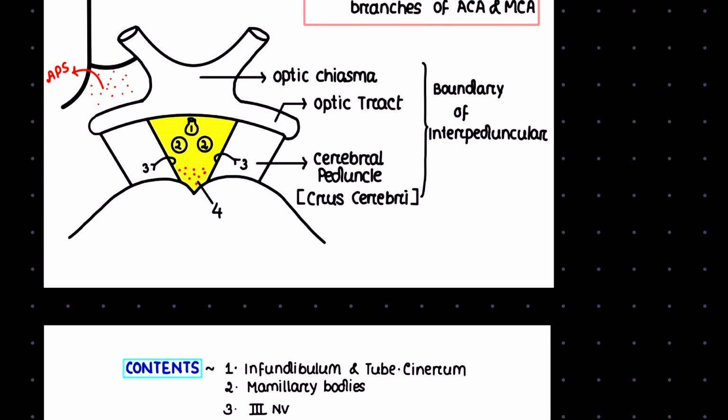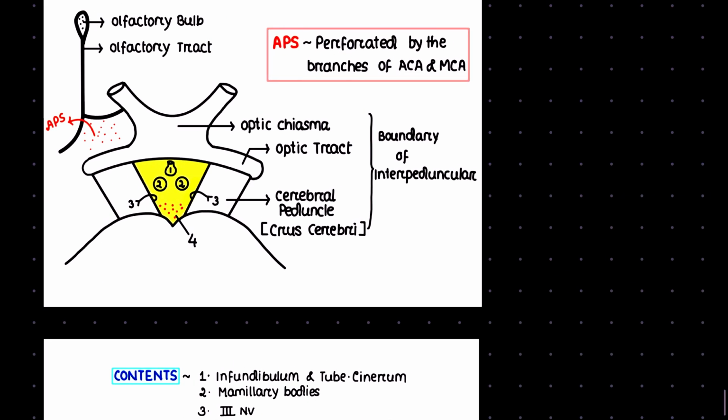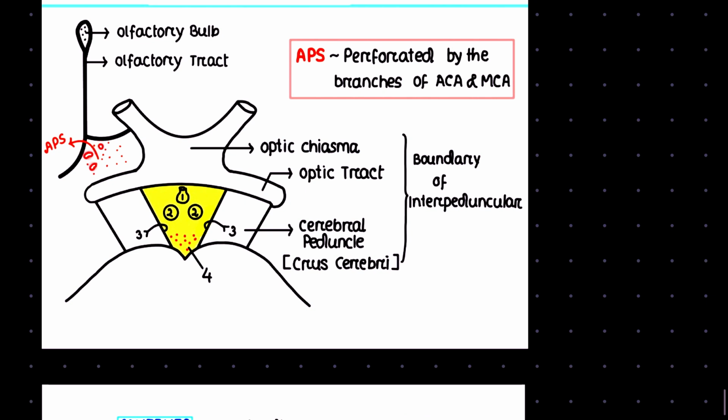If there is a posterior perforating substance, there is also an anterior perforating substance, and it is present right here. These are the olfactory bulbs, and below each olfactory bulb is the olfactory tract.